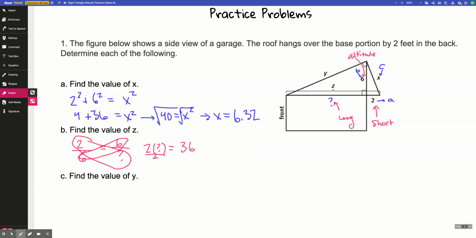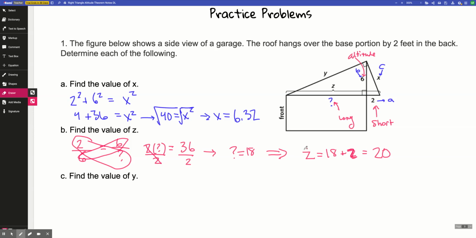Okay, and my last step in order to get the question mark value by itself is to divide by 2 on both sides. So when I do, I get that my question mark is 18. So that means that Z is equal to 18 plus 2, which is 20. And that is a 2, even if it doesn't really look like it. Okay. All right, then my very last step is to find the value of Y.